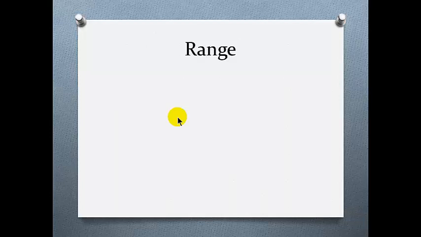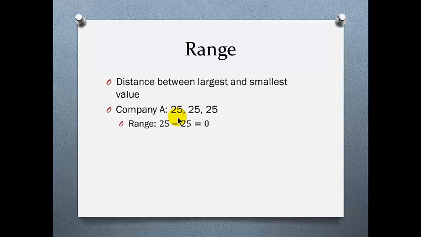First, the simple one is the range. And basically all we do with the range is we want the distance between the largest and the smallest value. Take the big number, subtract the small number. That's the range. So for company A, 25, 25, and 25, the biggest was 25, the smallest was 25. There's no range, 0. There's not really any dispersion or spread.